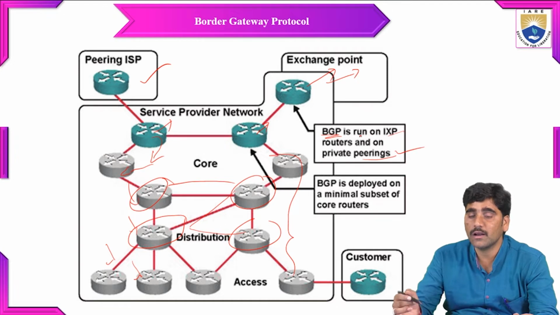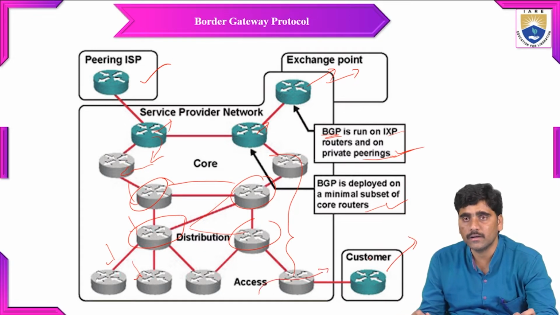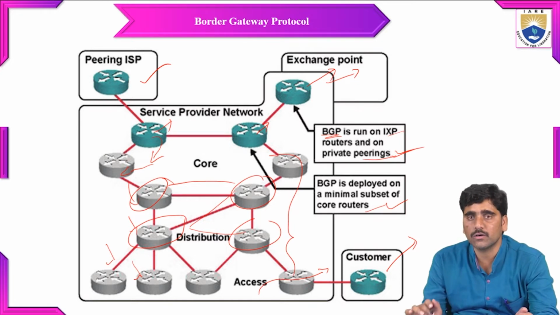BGP is run on internet service provider routers and private peerings, and it is deployed on a minimal subset of core routers. The customer is going to access the internet here. The internet service provider provides internet to the local network service provider, and the local network service provider provides internet to the local users.